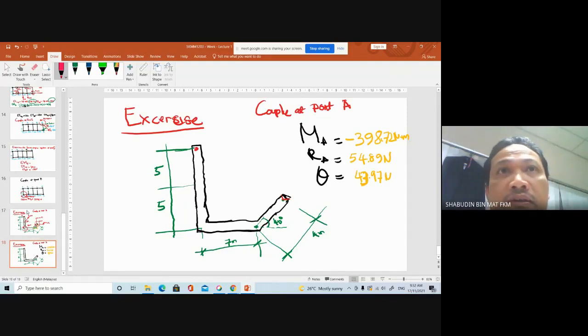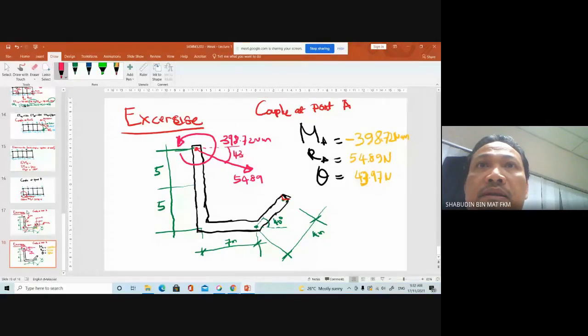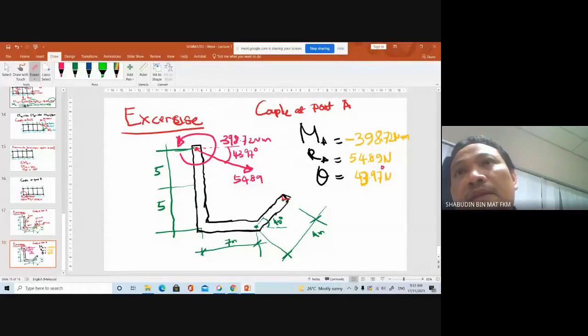So you have here negative 398.72 Newton meters, and then your R at A is 54.89, and the theta here is 43.97 degrees. Not Newton there, degrees.